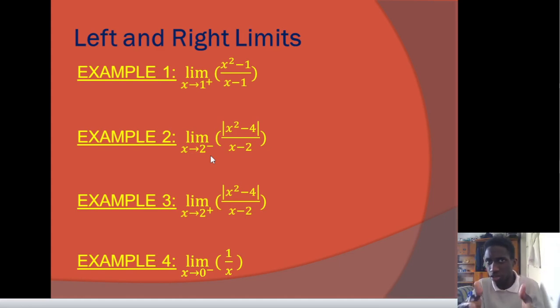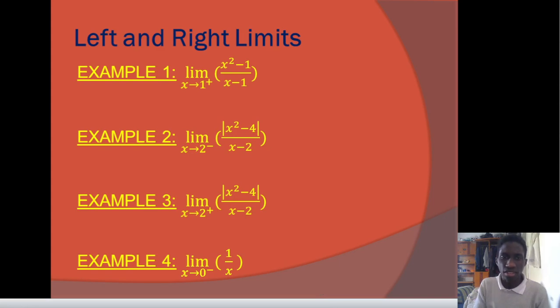Because as we are going to see shortly, the absolute value has a sort of thing that it does to a function. Your left hand limit will not be the same as your right hand limit in cases like that. That's what the absolute value does. So you have to reason through, and I'm going to show you how to reason through stuff like this.